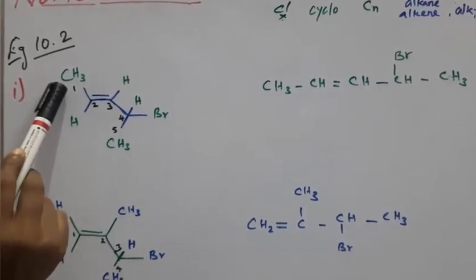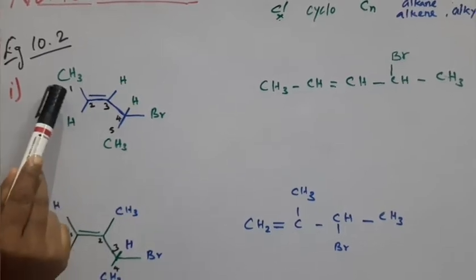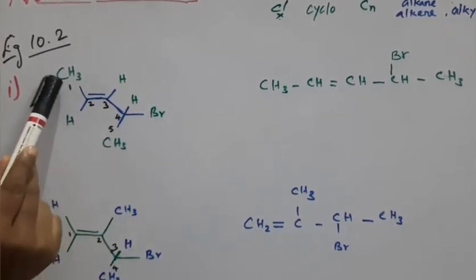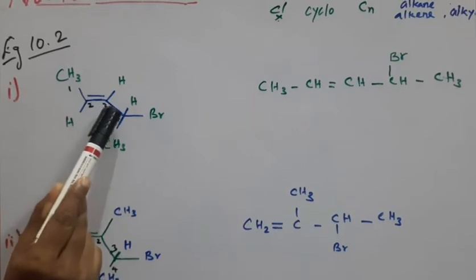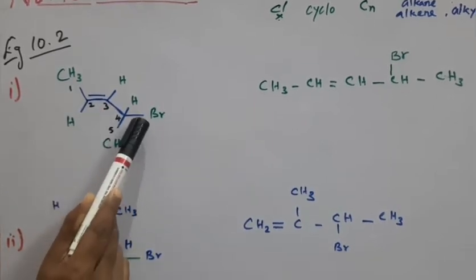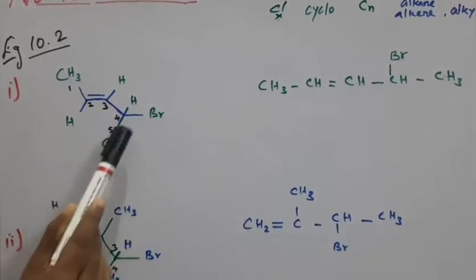Here this is a chain ending with this CH3, and the bromine is a substituent for this compound.